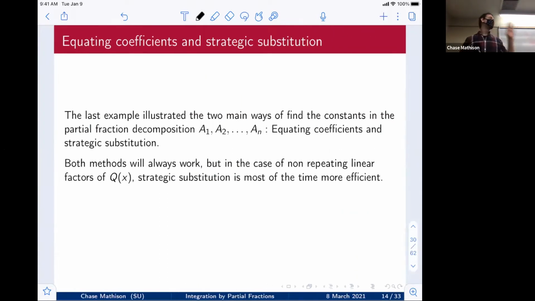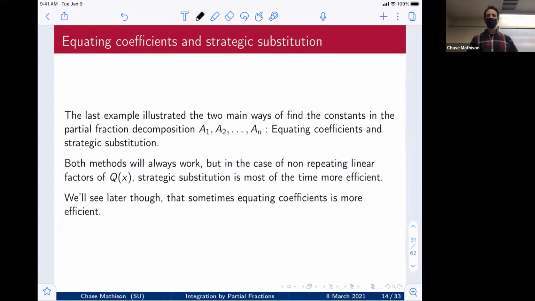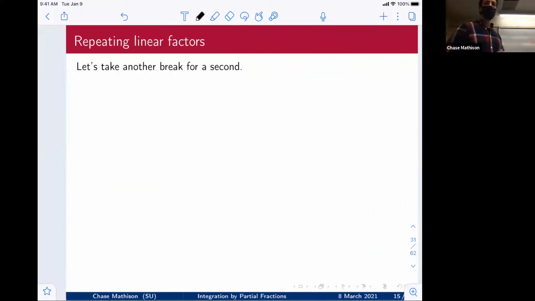Like I said, both methods will always work, but there are going to be times where strategic substitution is the better choice, better meaning less work. And there will be times where equating coefficients, I know it doesn't seem like it, is going to be less work than strategic substitution. So it's good to know both ways.